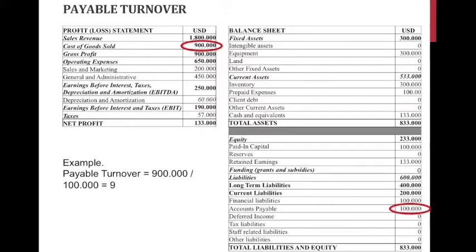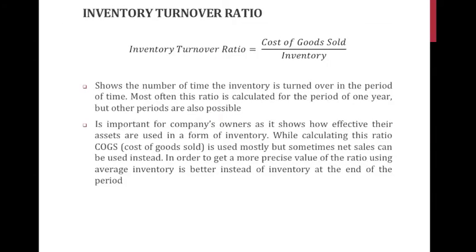Coming back to our example, we take 900,000 in cost of goods sold, divide by 100,000 in accounts payable, and we see that our indicator in this case is 9. So also not a very bad one, quite satisfactory.